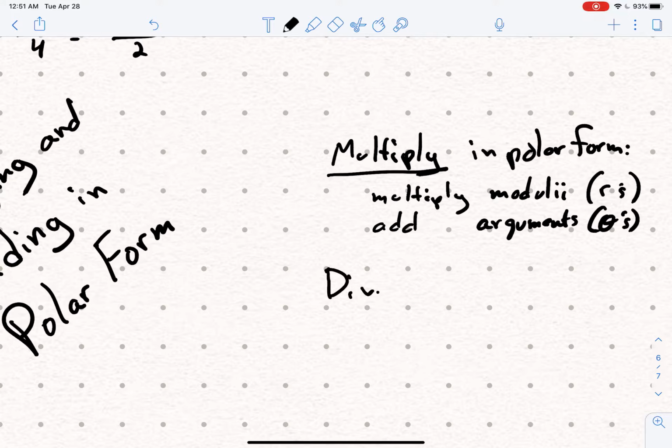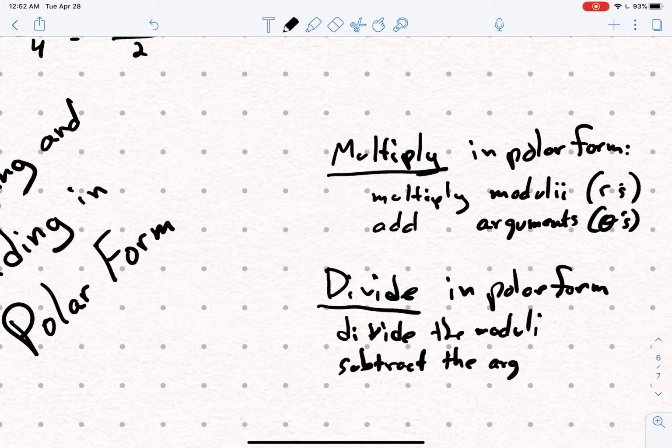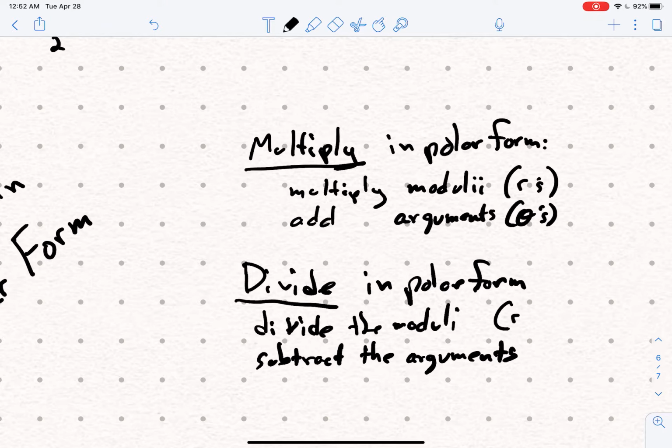When we divide numbers in polar form, it's quite similar. We divide the moduli, and we subtract the angles, the arguments. All right.